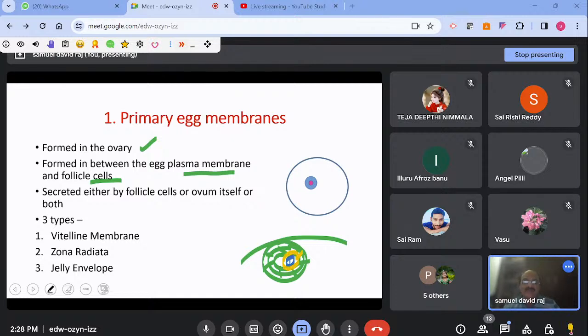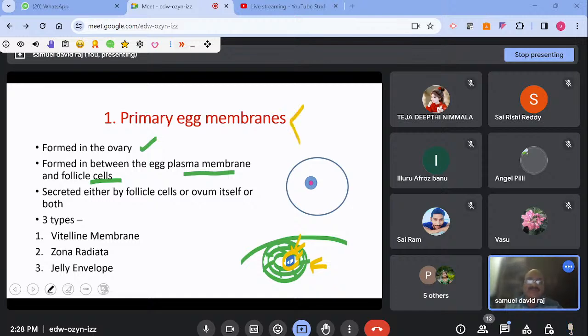And what secretes what we call the primary egg membrane? Because it is present between the plasma membrane of the egg and the follicular epithelial cells, either follicle cells or the egg itself can secrete the primary egg membranes. In some cases, both secrete the primary egg membranes.